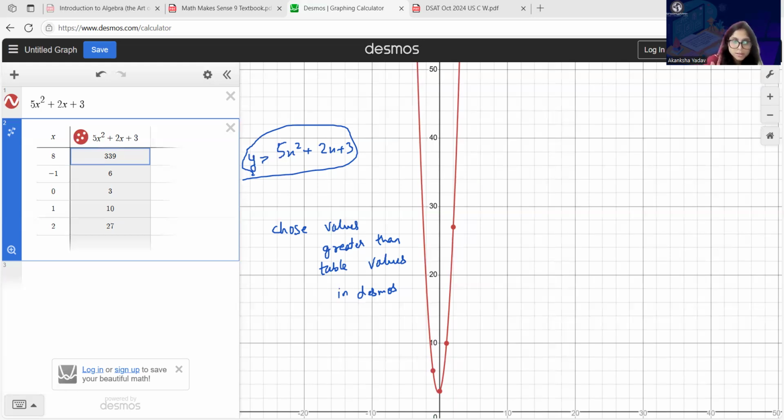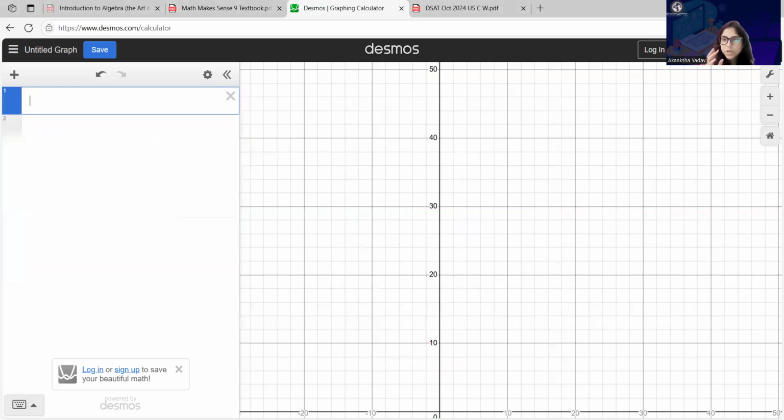Now comes the third thing, that is your equivalent representations. Sometimes they will just give you one equation containing one variable and four options will be given to you.